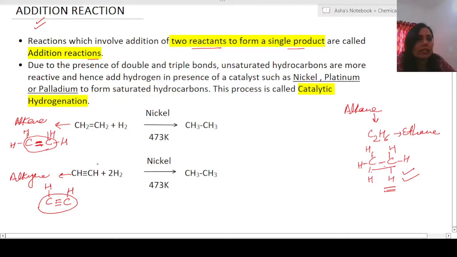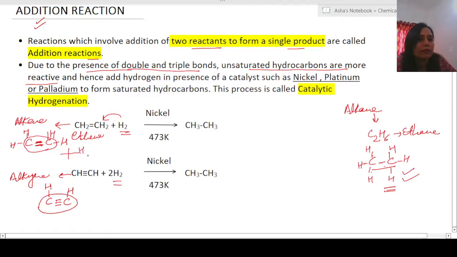So obviously the unsaturated hydrocarbons are more reactive. The same thing is written here: due to the presence of the double and the triple bonds, the unsaturated hydrocarbons are more reactive. So they also want to become like an alkane. As soon as you add hydrogen to them, they will quickly accept it and make a single bond. Like when you are adding H2 to ethene, what will happen?